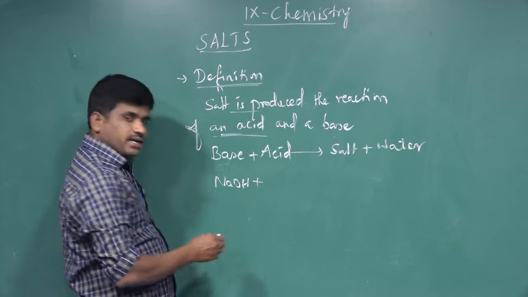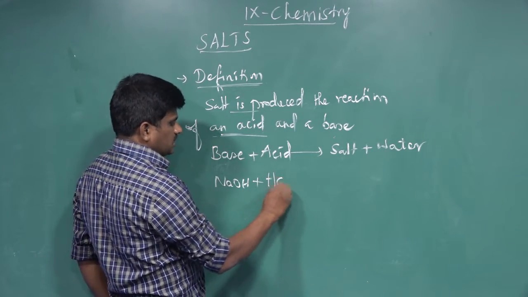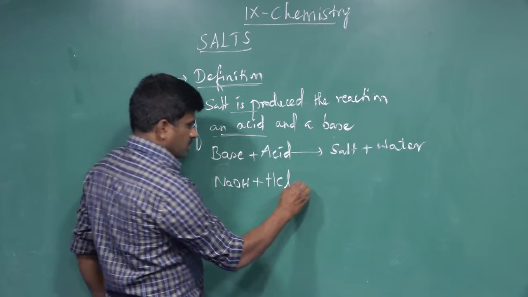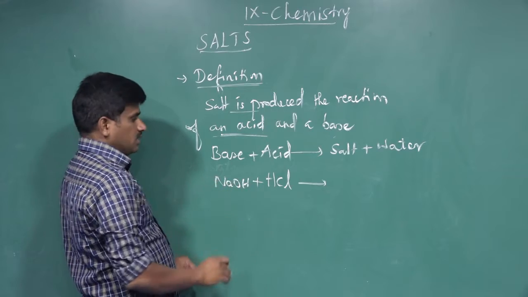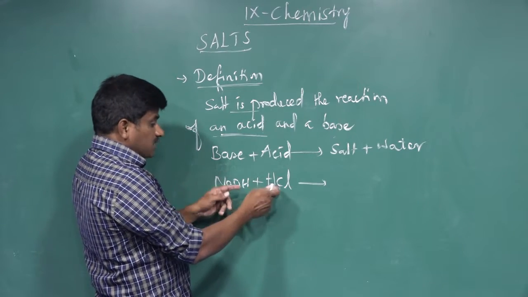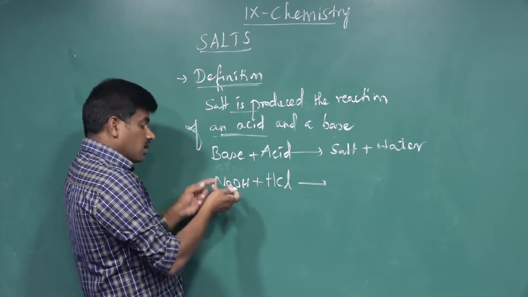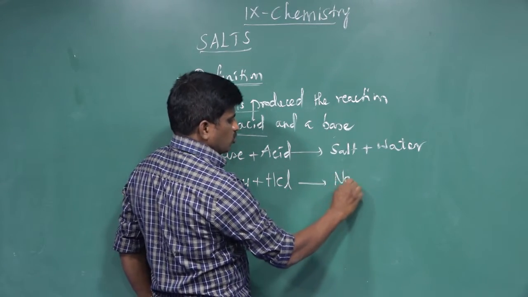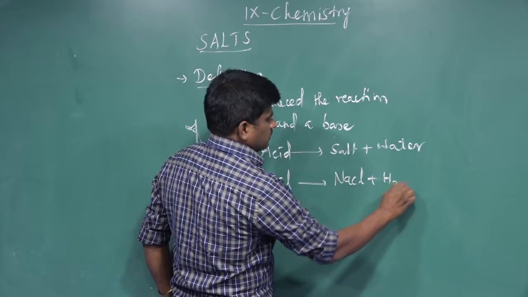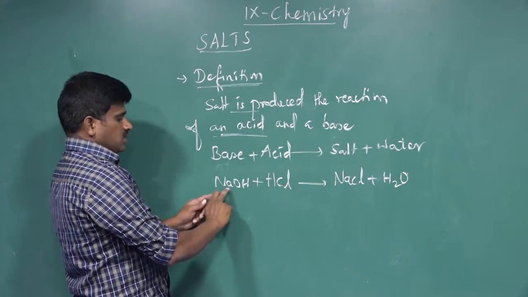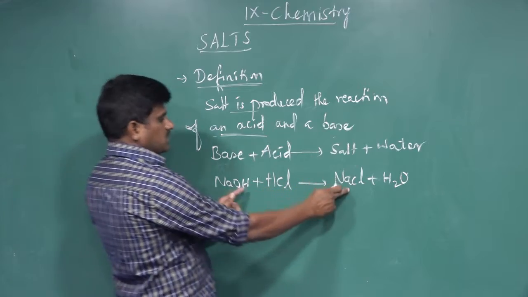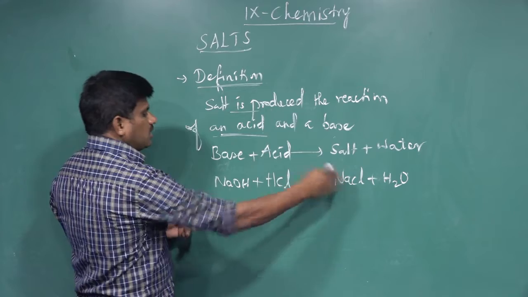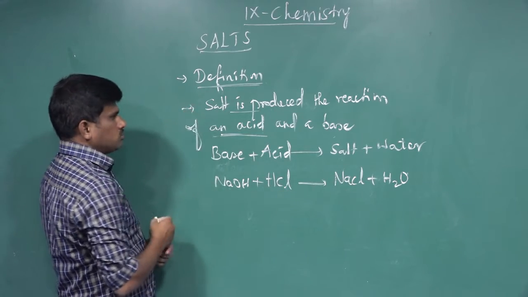When sodium hydroxide is mixed with the strong acid HCl and these two react together, the acid is neutralized by the base, or the base is neutralized by the acid. The product obtained is sodium chloride plus water. This is a simple definition of a salt, the first thing you should understand.